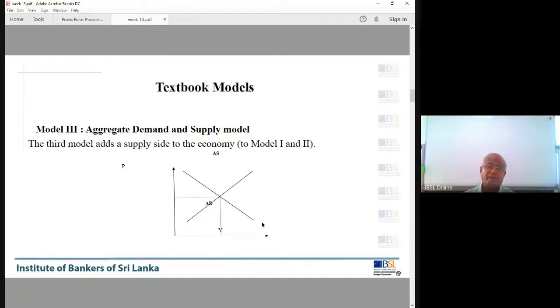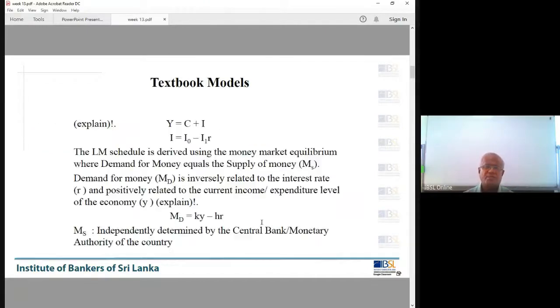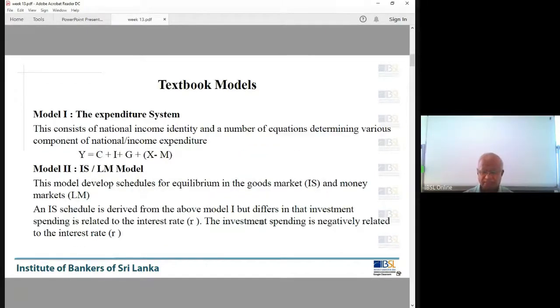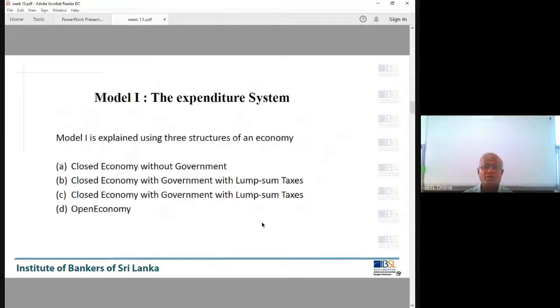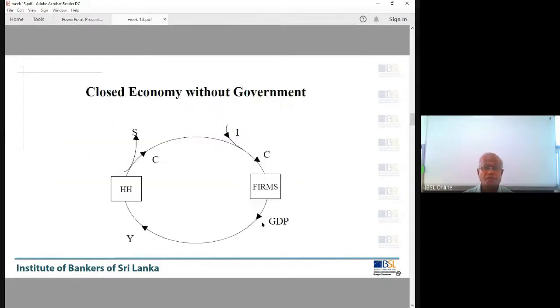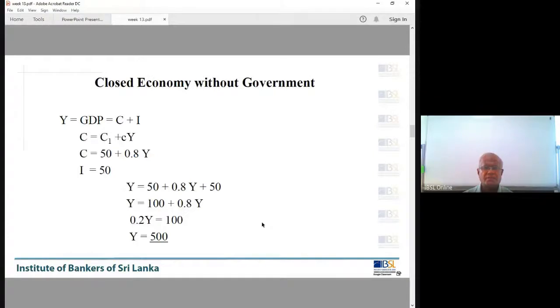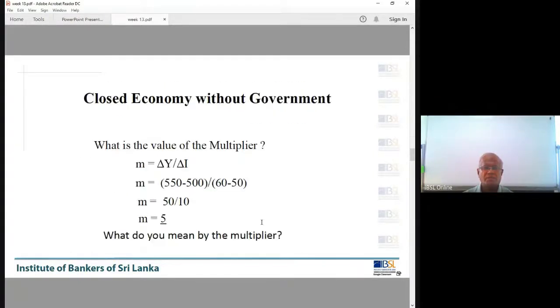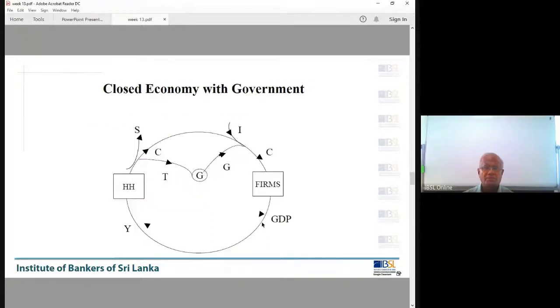Now, today our focus is first to finish this. I can't remember whether last week we discussed all the models with regard to the national income expenditure. This model we discussed, I can remember. Yes, we discussed the multiplier.